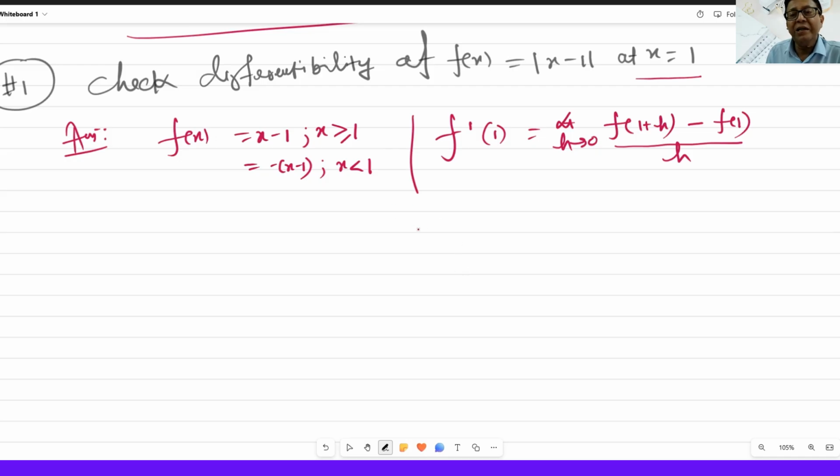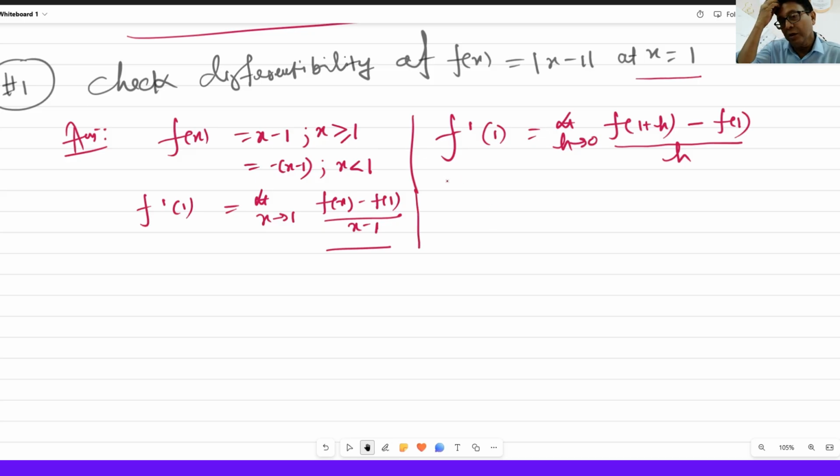Okay, for f dash 1, you can write this way also. f dash 1 is limit x tending to 1, f(x) minus f(1) by x minus 1. But when the question is on checking the limit, then this form will help a lot. We can refer to this one as the limit for both left and right hand.